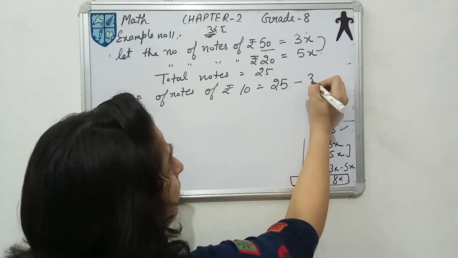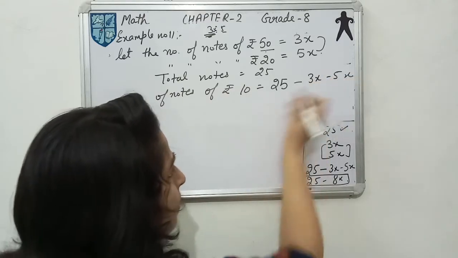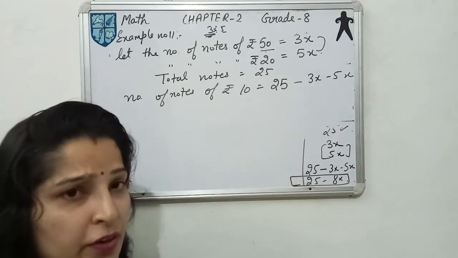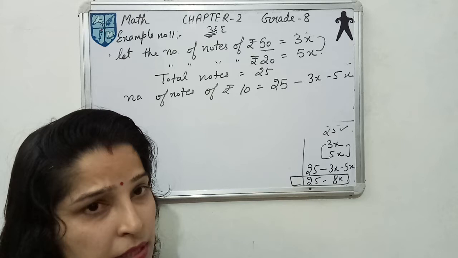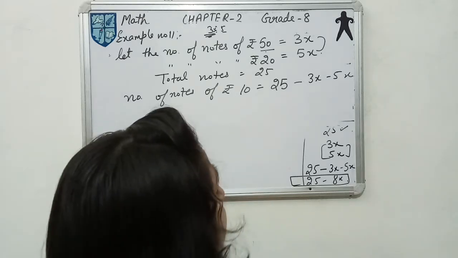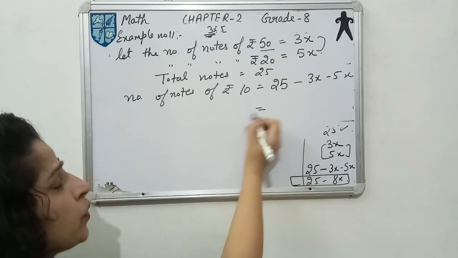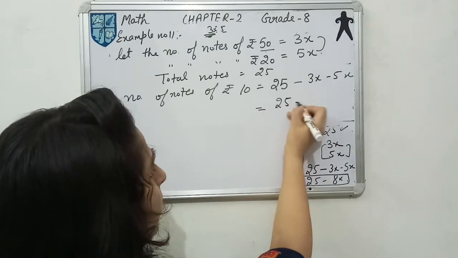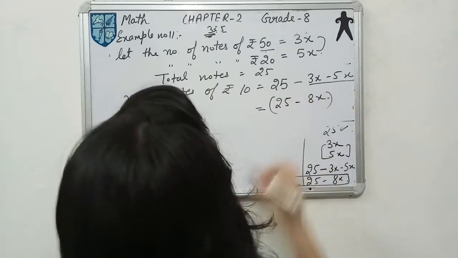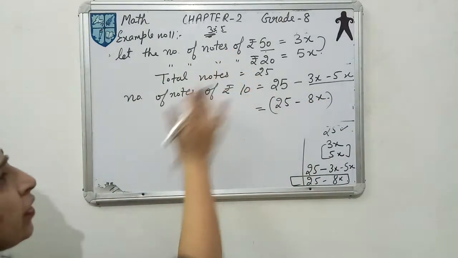So 25 minus 3x minus 5x. Like, if you have 10 notes, and 3 notes of 5 rupees and 2 notes of 2 rupees, how many do you have of 1 rupee? You will do the subtraction only from the total. So 25 minus, this should be 8x. So these are the numbers of notes for all three denominations.